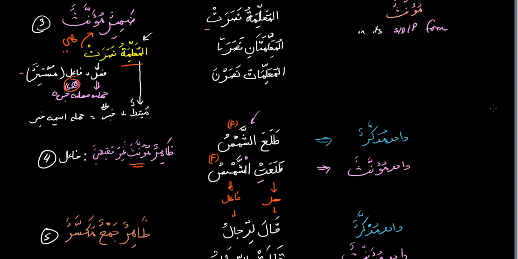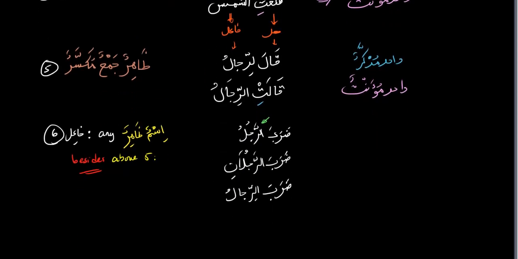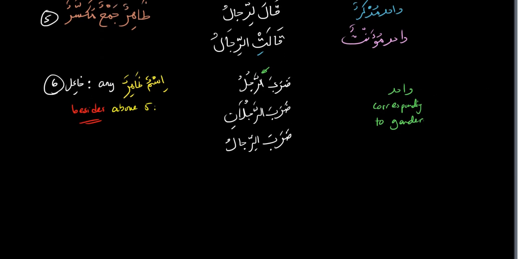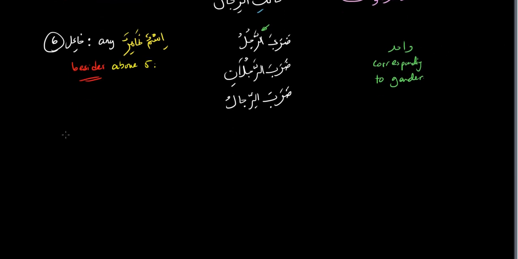So first 4 were mu'annas, and the 5th one was zahir jam'u mukassar. And then this one, any other ism zahir is going to be wahid, corresponding to gender. Okay, that's it. Wait, there's 2 more, 7 and 8. Okay, that's good. We got this.